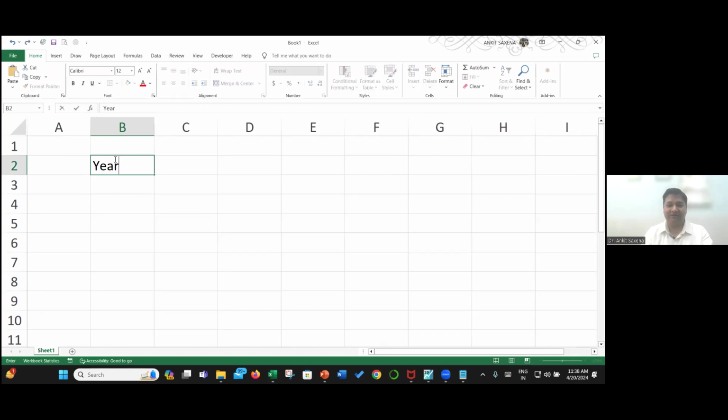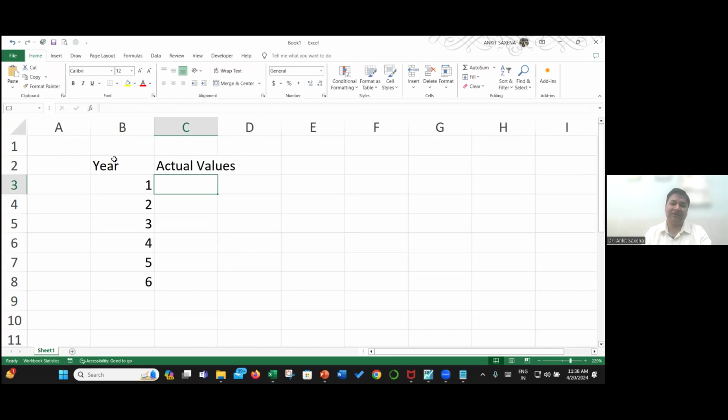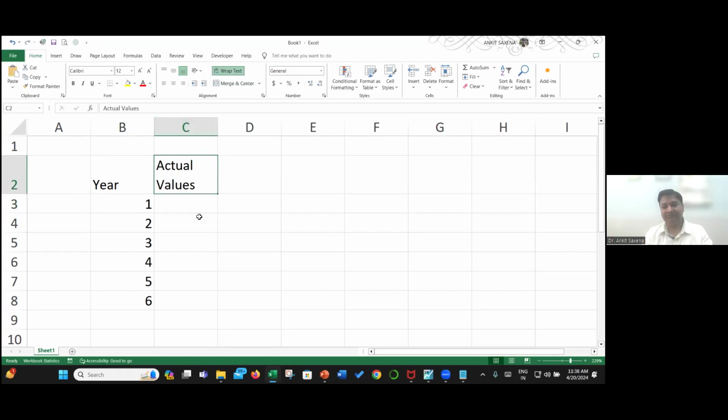for some years I did some forecasting, with yearly values. I just had the actual values of my data, let's say 100, 105, and some random numbers I'm just picking.